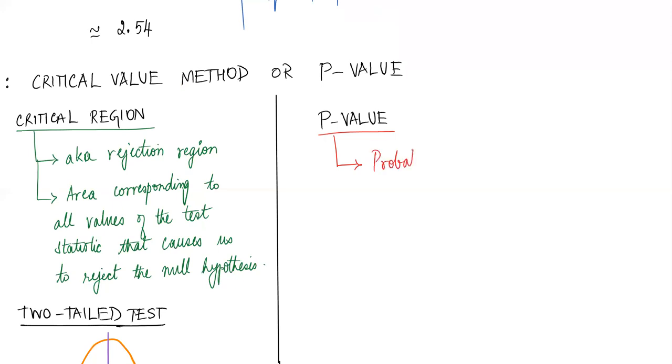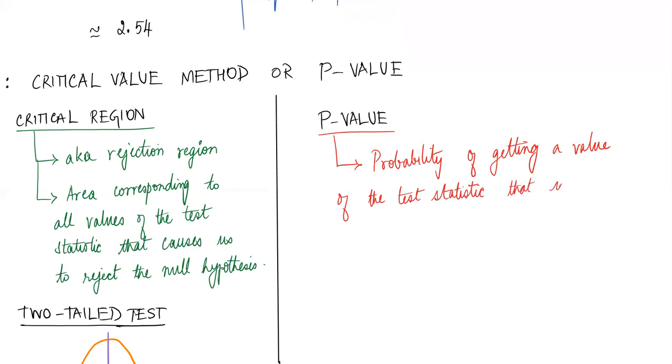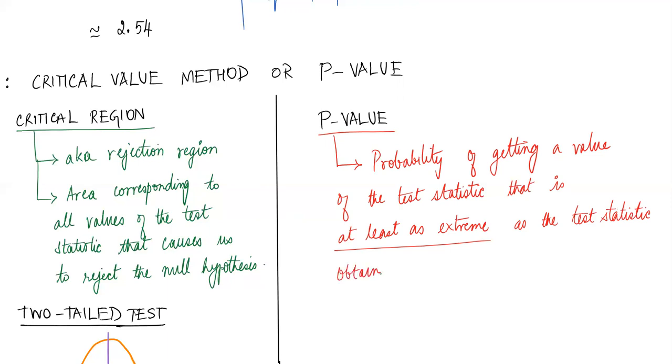It is the probability of getting a value of the test statistic that is at least as extreme, emphasize that, as the test statistic obtained from the sample data, assuming that the null hypothesis is true.